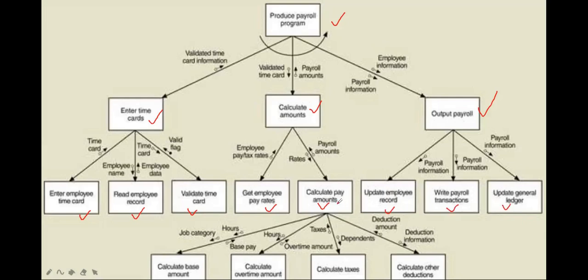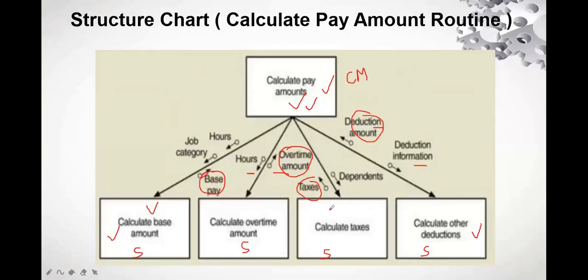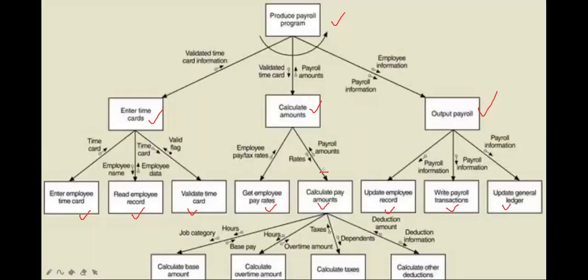And finally, calculate pay amount is further divided into these, which I have shown you in the earlier section. So earlier, we have done only this particular part, and this has a more elaborated form of it, right?